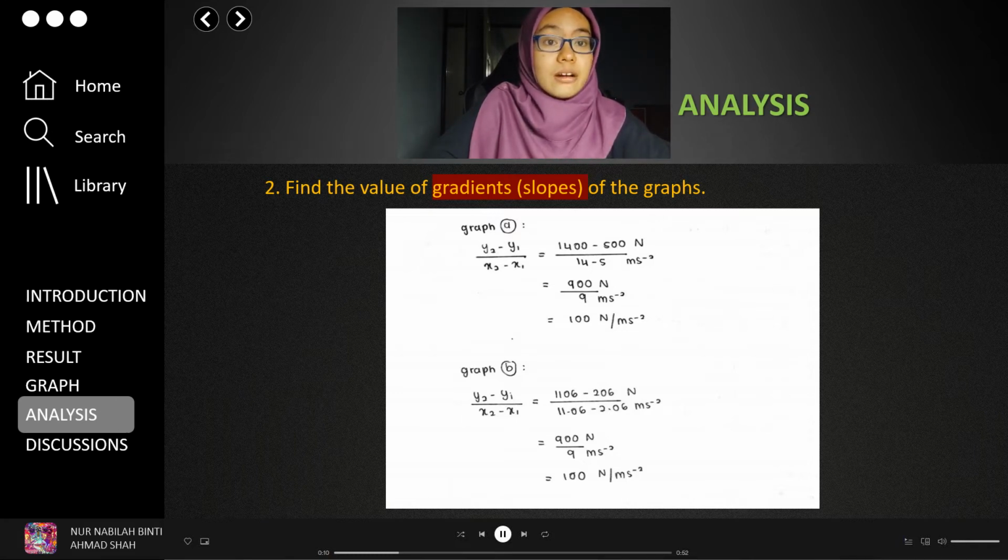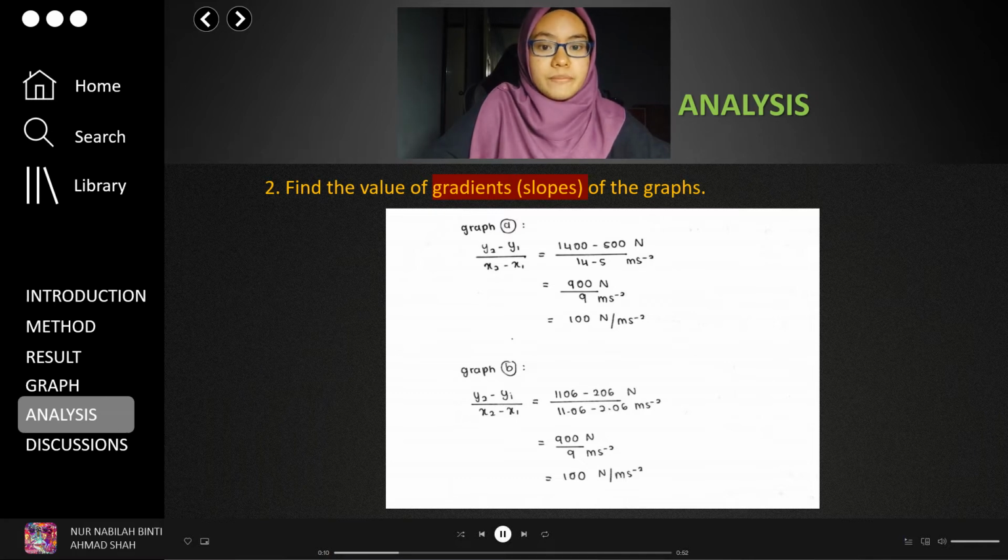For graph A, the first coordinate is 5 and 500, while the second coordinate is 14 and 1400. We put the values into the formula and calculate it, and the result is 100 for the gradient for graph A.